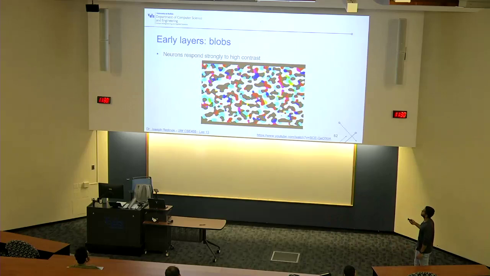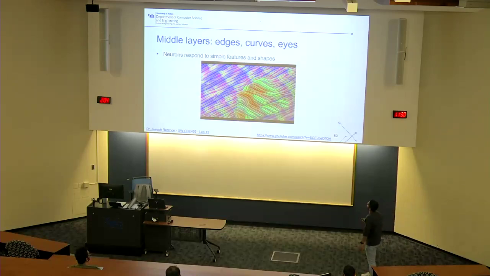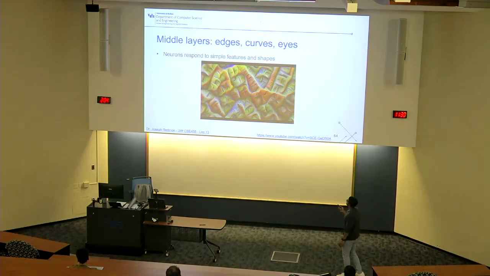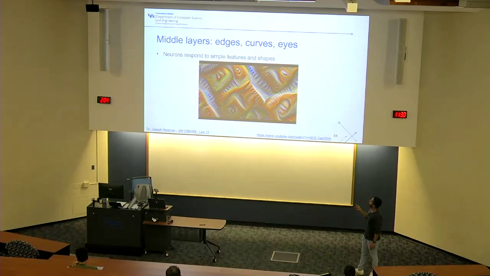Early layers typically respond well to blobs, which is when you have a lot of regions that introduce high contrast when put together. Middle layers, they get finer. So this would probably be correlated with something like, I don't know, wool or fabric or fur. Edges, curves, eyes.